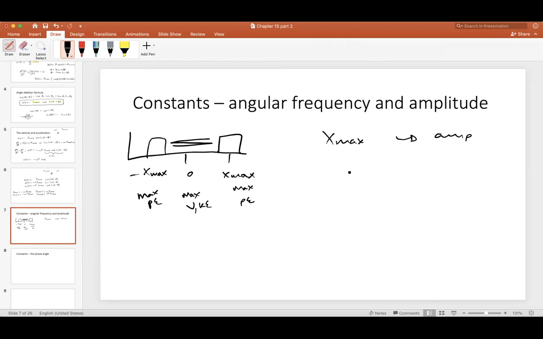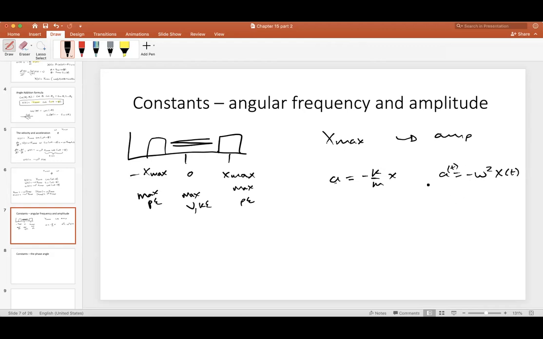But before I get there, I need to talk about angular frequency and phase angle. So from our force equation, we saw that this was true. And we can tell that a(t) is actually negative omega squared x(t).